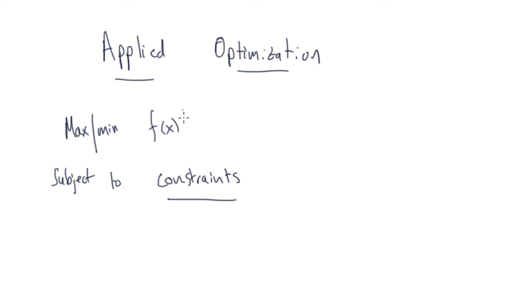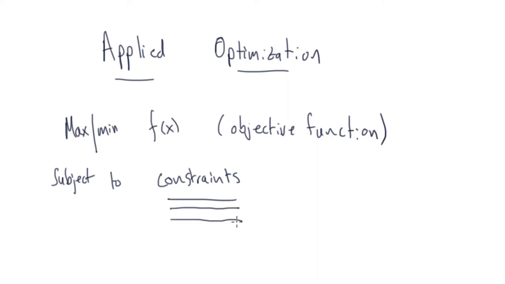Sometimes the function you want to maximize or minimize is called the objective function, just for some terminology. Most of the time, it's not possible to just make your objective function arbitrarily large or arbitrarily small, because you're going to have some constraints.